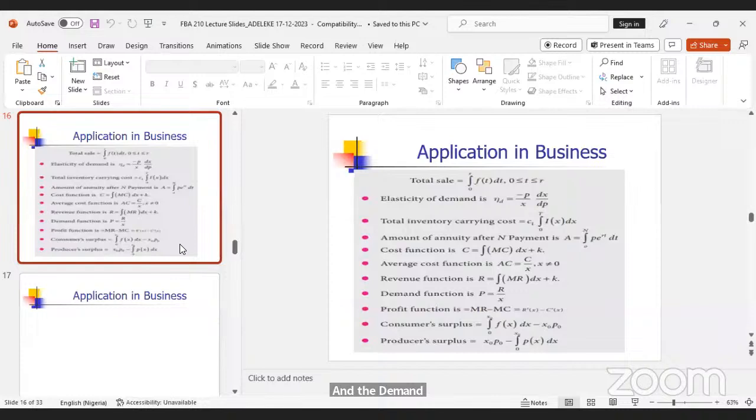Now, there's a relationship between the marginal function and the total function. If you have a total function, it could be a total demand function, a total profit function, a total inventory function, any function at all, and you want to get the marginal, it is got by differentiating.